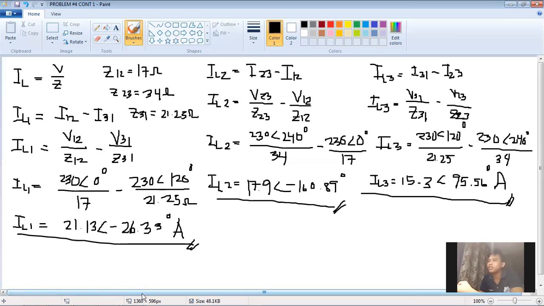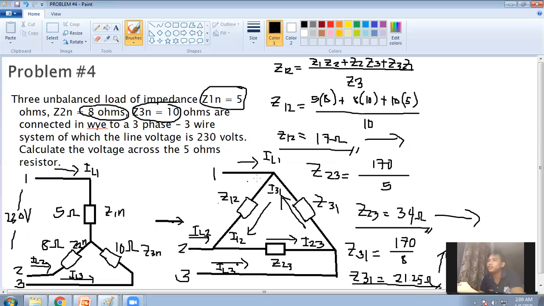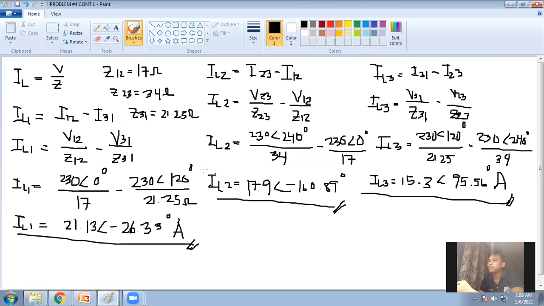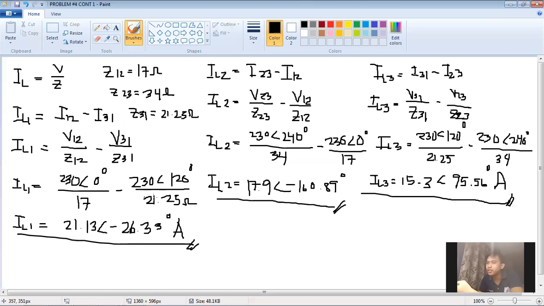As you can see in the delta, that's 120 degrees, all over 21.25 ohms. So our current line 1 will be 21.13 angle of negative 26.33 degrees upon calculation.